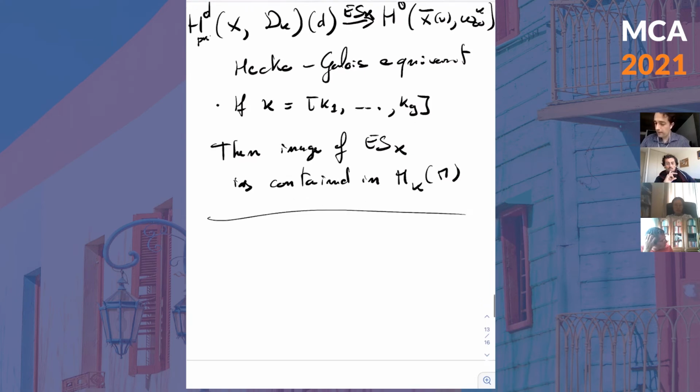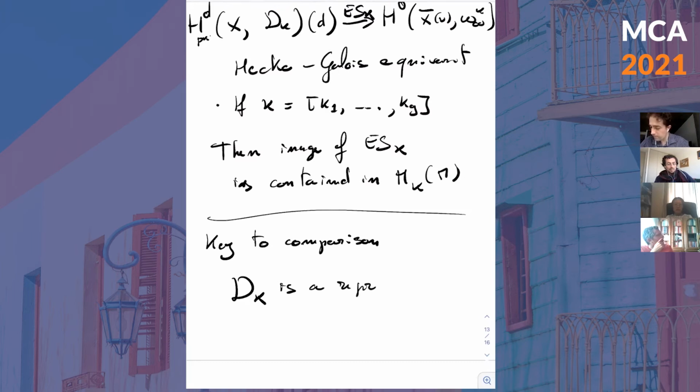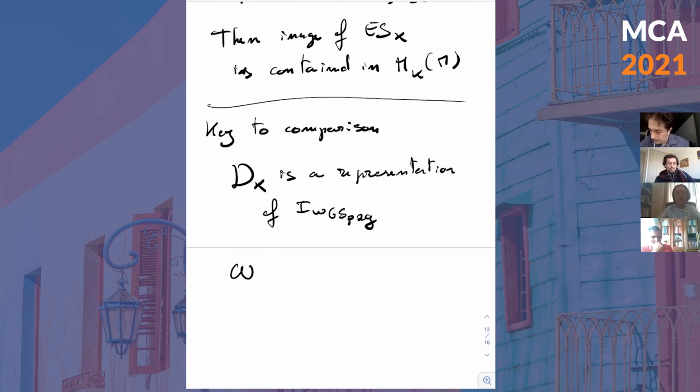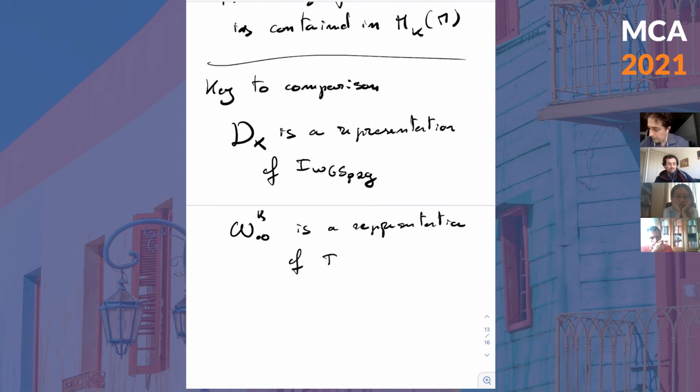Well, let me then sketch the key to the comparison. The kappa is a representation of the Iwahori of GSp_{2g}. And omega kappa infinity is a representation, more or less, of the Iwahori of GL_g.